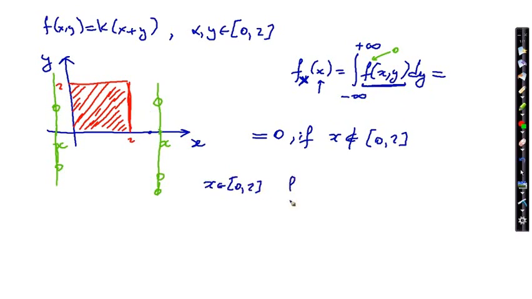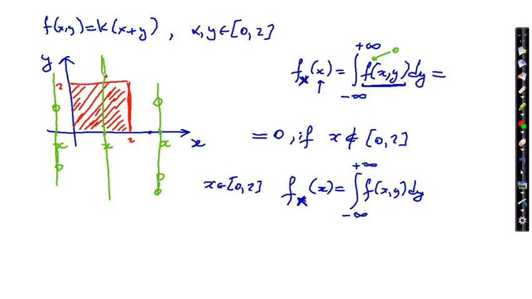So if x is in [0, 2], I'm writing the marginal PDF of x at the point x is again this integral, f(x,y) dy. So what I'm doing in this case is the following. Now x is here, and I'm integrating over this line, the whole line passing through that point x and parallel to y. So I'm integrating my f over this line.